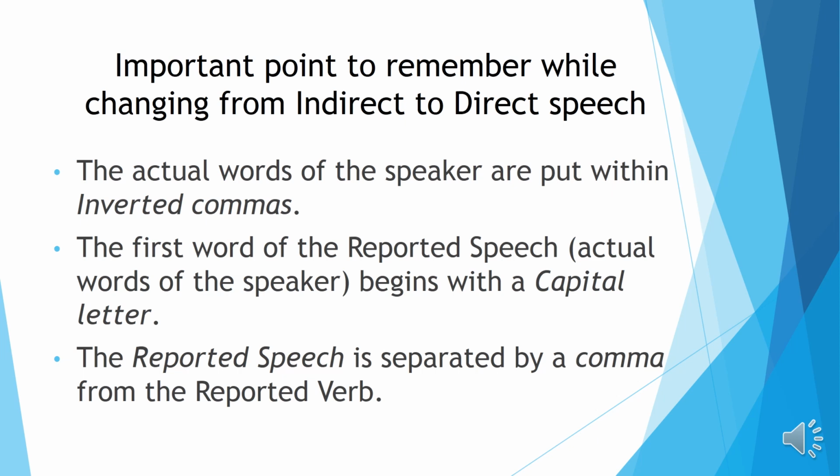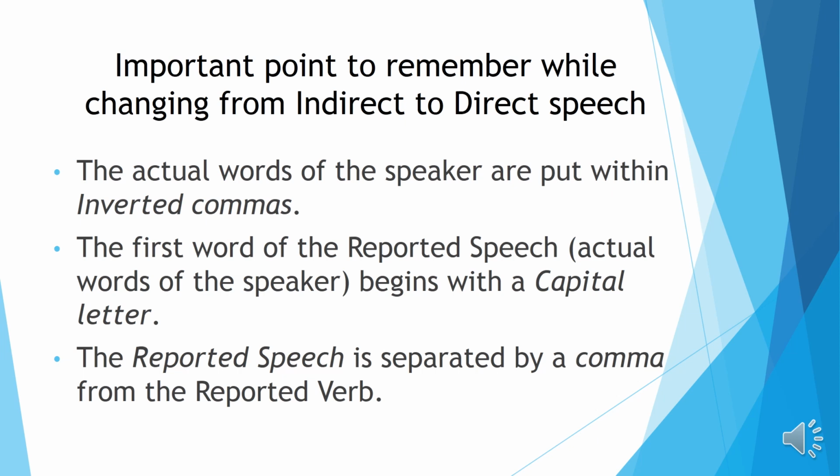Other important points to remember while changing from indirect to direct speech. So first we'll study how we change to direct speech. The first point, the actual words of the speaker are put within inverted commas. So like we have seen in the direct speech, we keep them under inverted commas. Next point, the first word of the reported speech, that is the actual words of the speaker, begins with a capital letter.